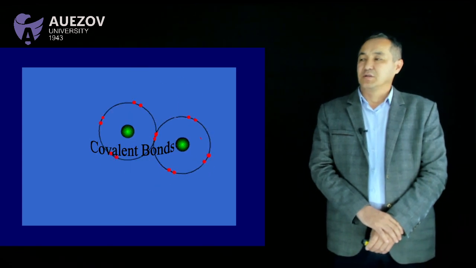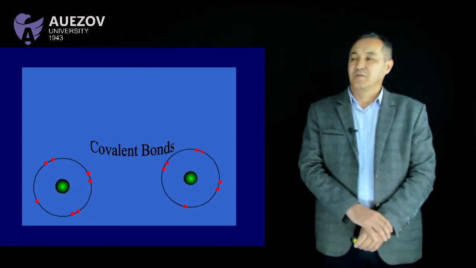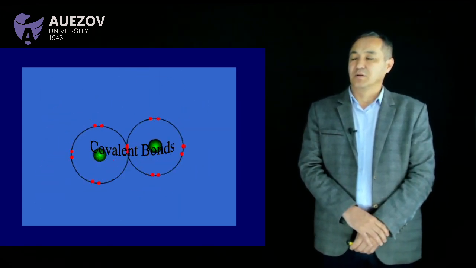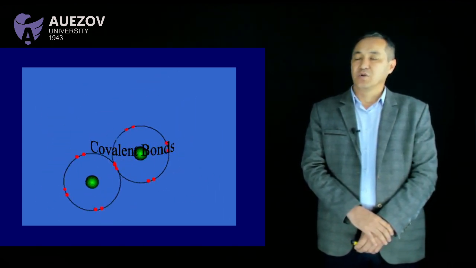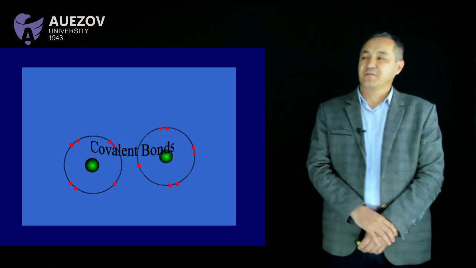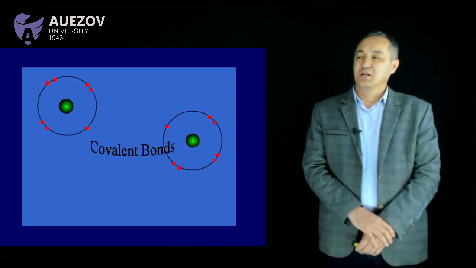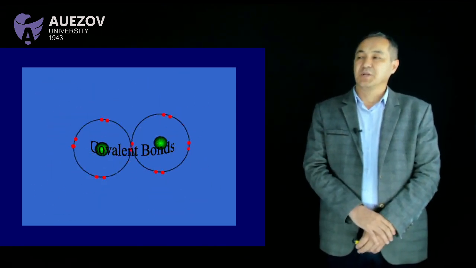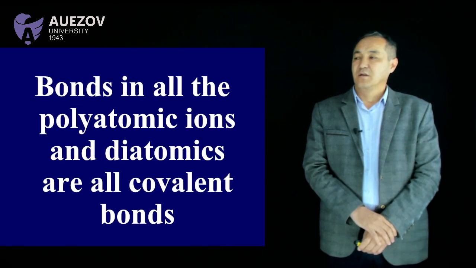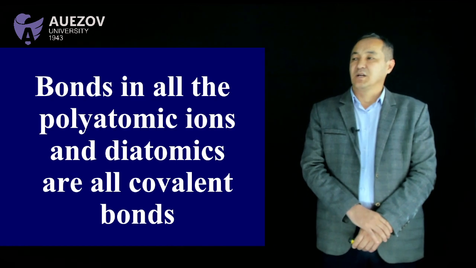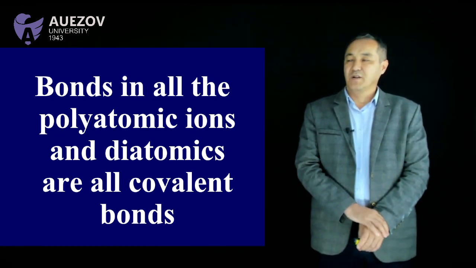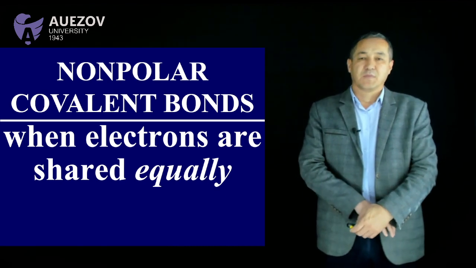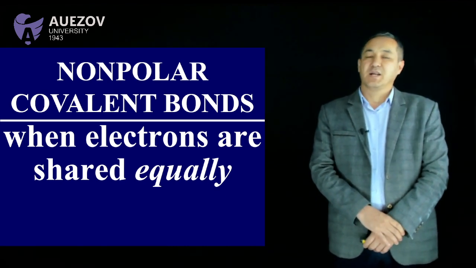A covalent bond is formed between atoms which have similar electronegativity. Bonding in all polyatomic ions and diatomic molecules is covalent.